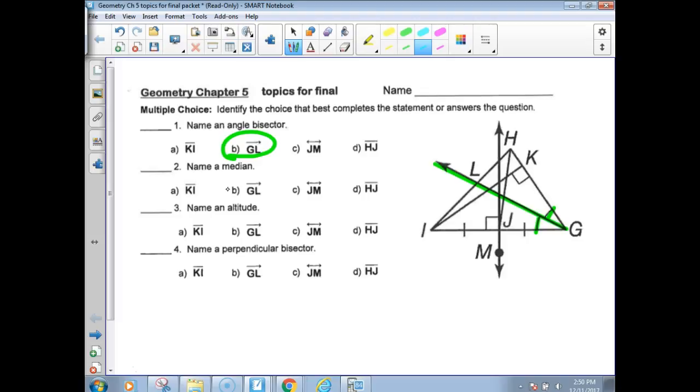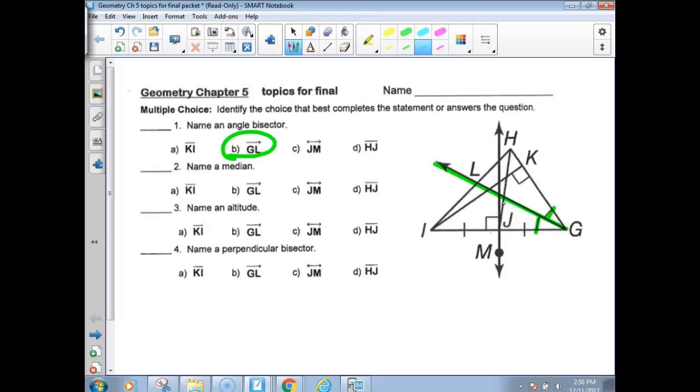All right, next I'm asking to find a median. Let me remind you of what a median is. It goes from a vertex to the midpoint of a side. You want to find a side that's cut in half. So you find the side cut in half, and then you try to pick the right one because you have a 50-50 chance.